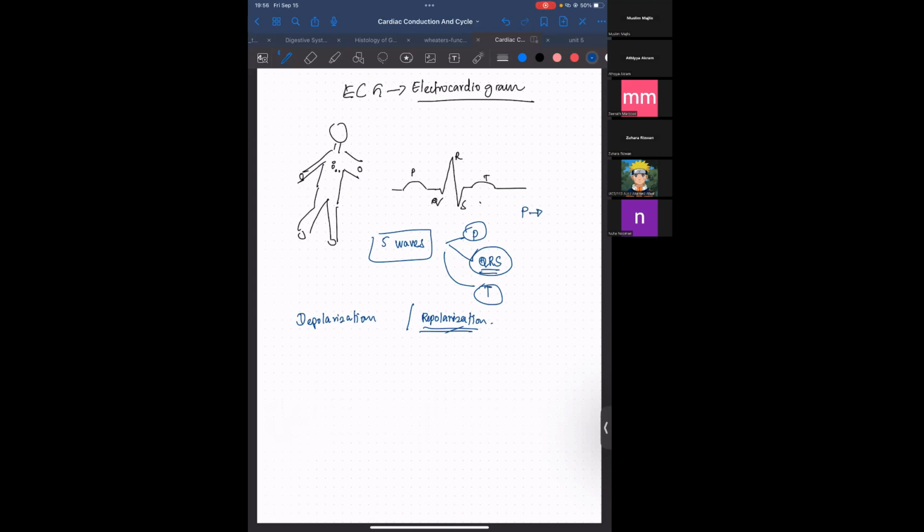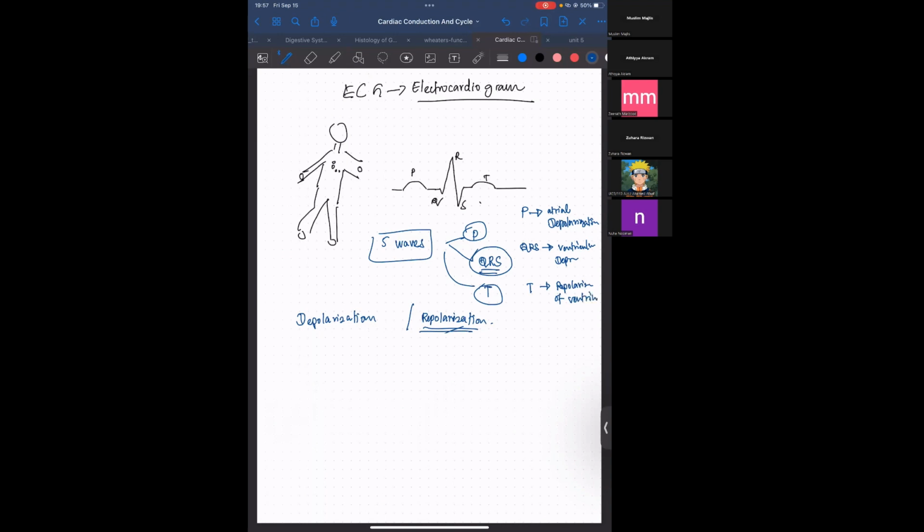So the P wave will tell us atrial depolarization. And then the QRS complex is ventricular depolarization. And the T wave is repolarization of the ventricles.